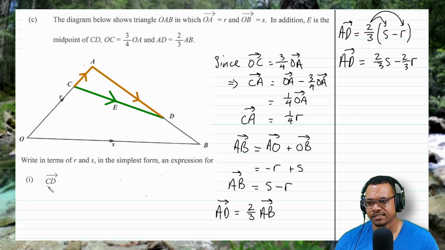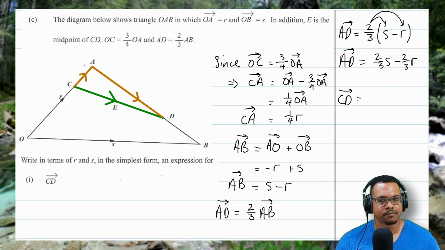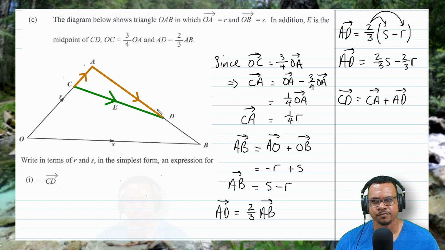So now when it comes to the vector C to D, which is CA plus AD, C to D is equal to CA plus AD. Again, we're seeing the C on this end and the D on this end, so that's why it's CD, and the same letter in the middle.